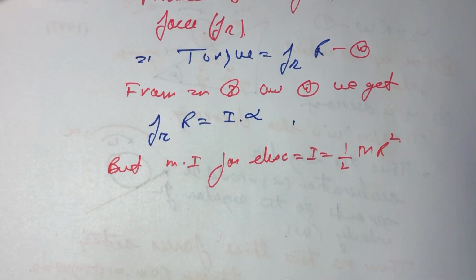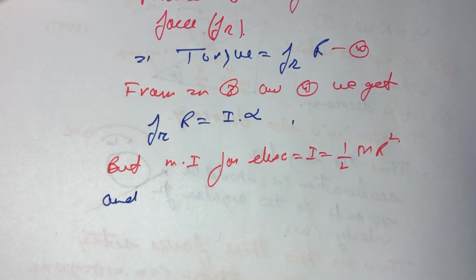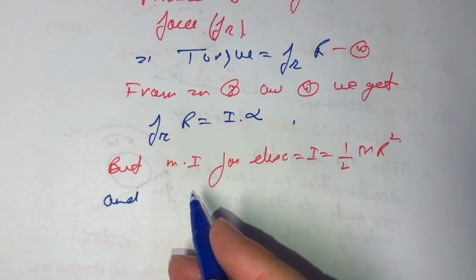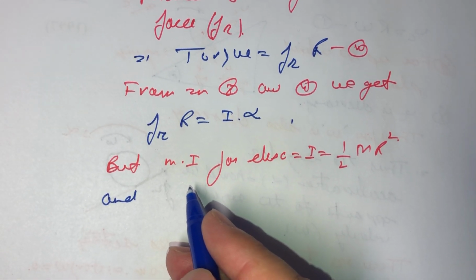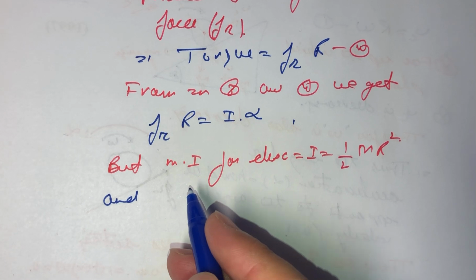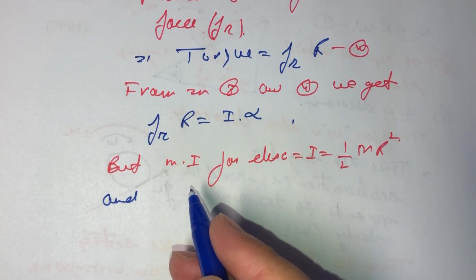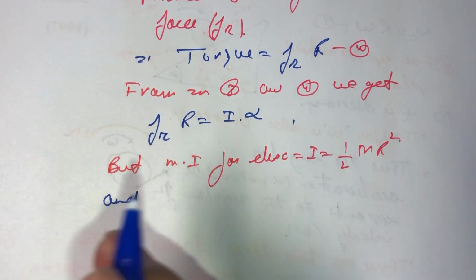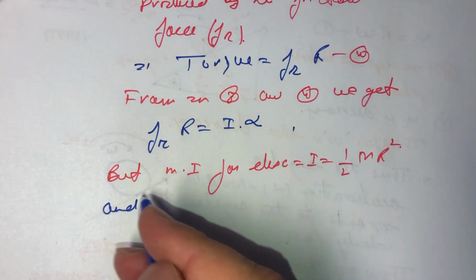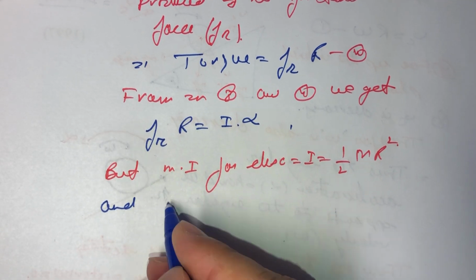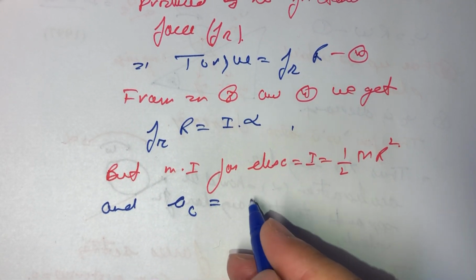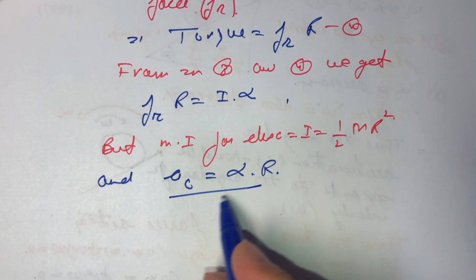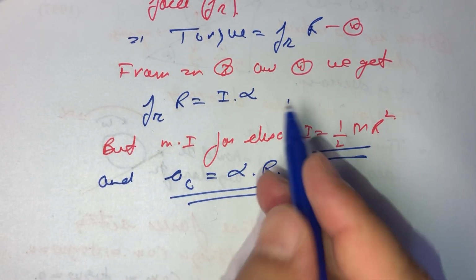And also we know that the center of mass acceleration is equal to angular acceleration multiplied by the radius. So we are going to use these two values and substitute in this equation.